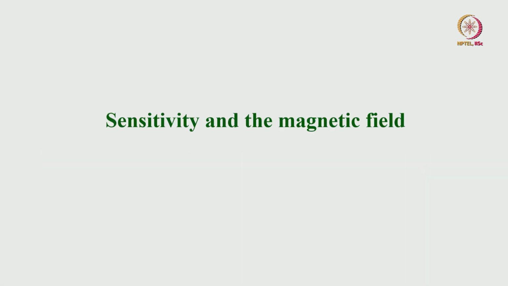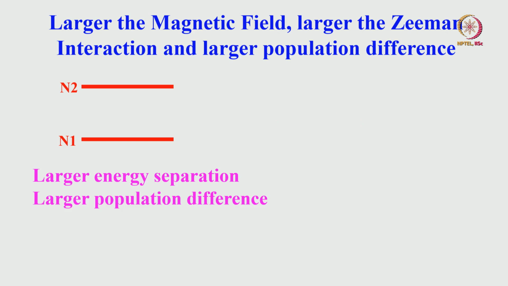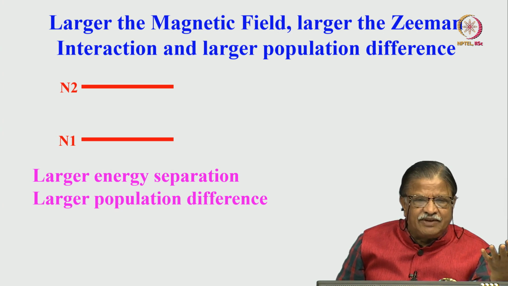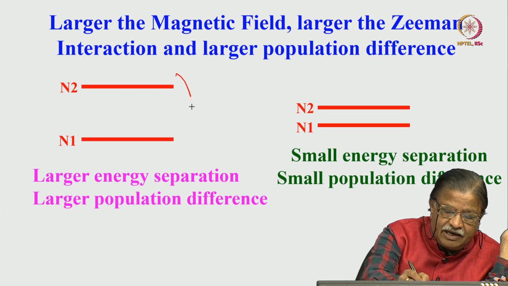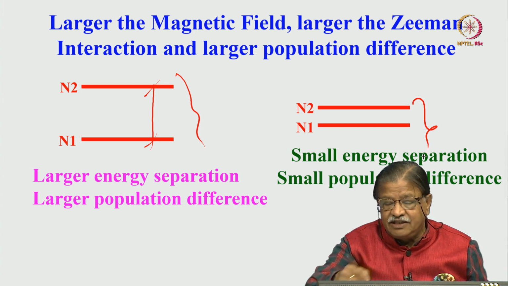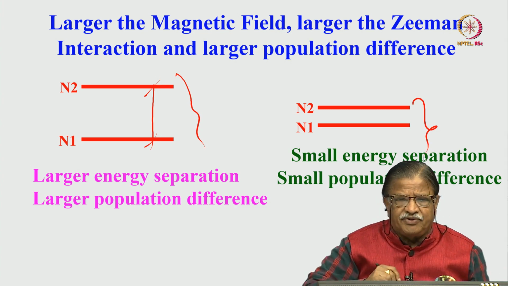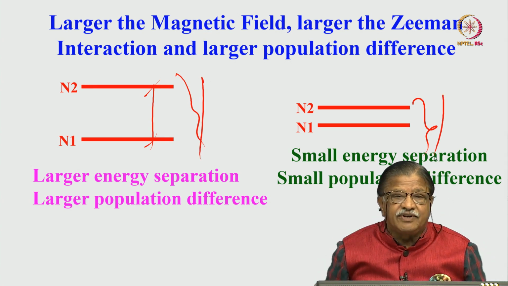Now what will happen to the sensitivity when I increase the magnetic field? As I told you, delta E is linearly related to B naught. As B naught increases, the energy separation increases, and with increased energy separation, the population difference increases. Consider two energy states: with a large energy separation there is a large population difference, and with a small energy separation there is a small population difference.